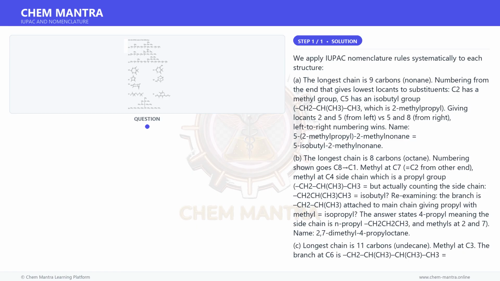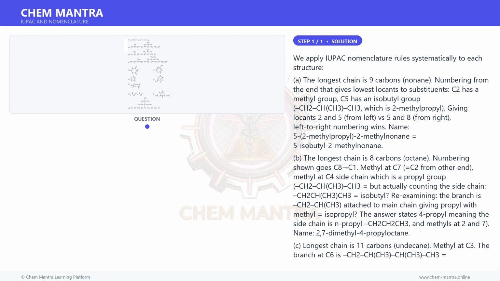B. The longest chain is 8 carbons, octane. Numbering shown goes from C1 to C8. Methyl at C7 is equal to C2 from the other end, methyl at C4, side chain which is a propyl group, CH2CH2CH3.